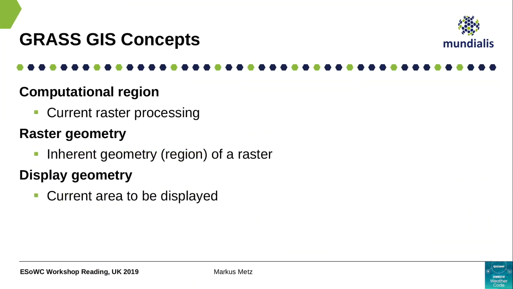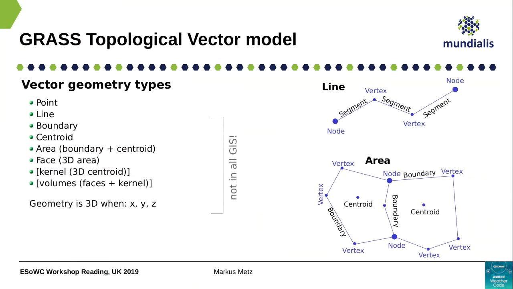So the main concepts of GRASS GIS are the computational region, the raster geometry, and the display geometry. Now this is more important for the current task of the summer of weather code, the vector geometry. It's not consisting of independent polygons.